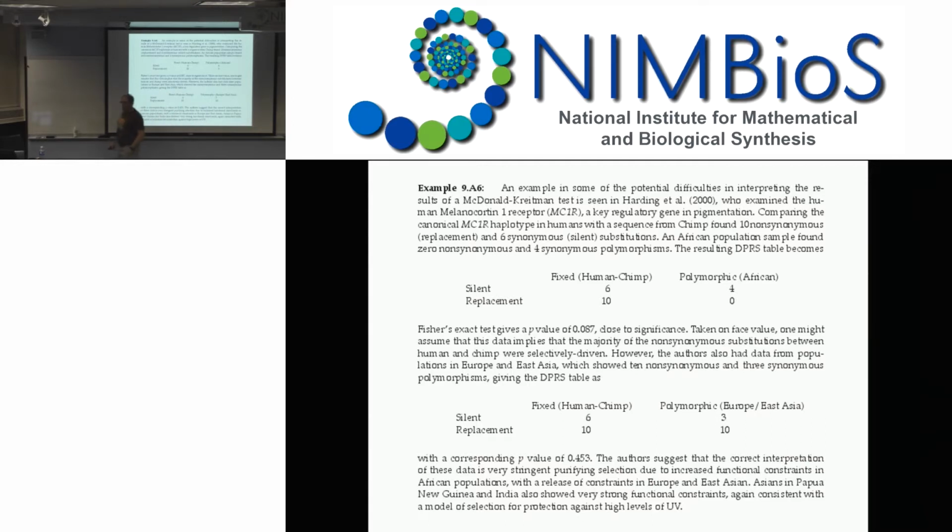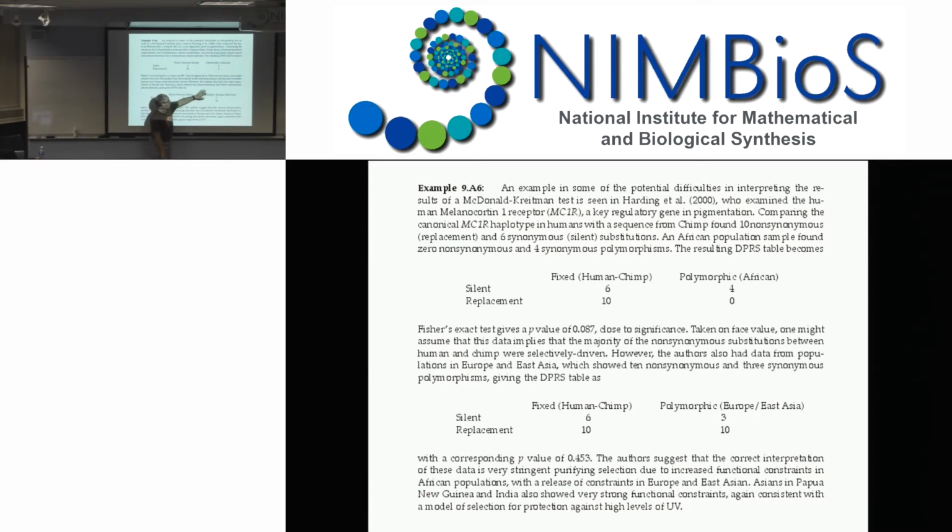You could do that. That's one way to check for robustness. But the point is that you could even have this: suppose that you had weak selective constraints in your polymorphic sample, but strong selective constraints during your divergence period. You'd never pick that up from one sample or multiple sampling.